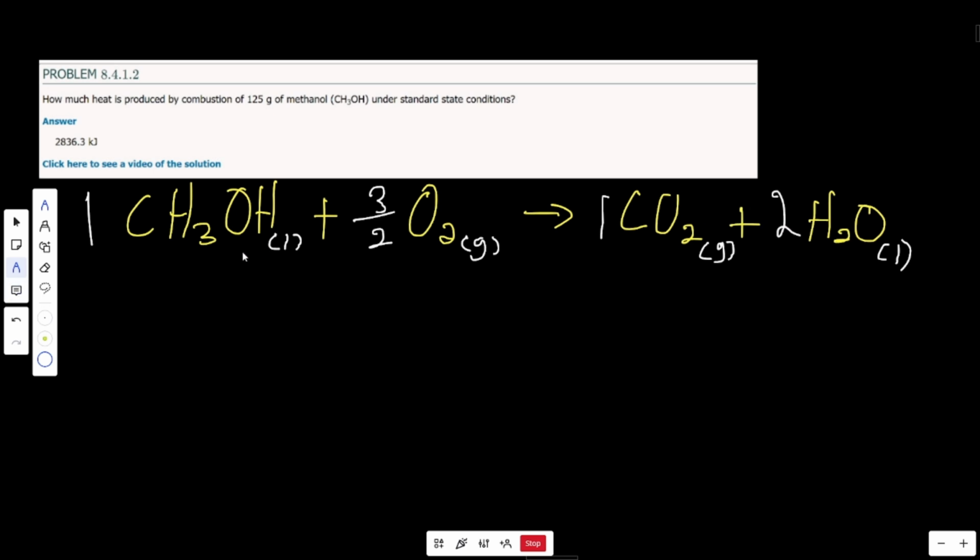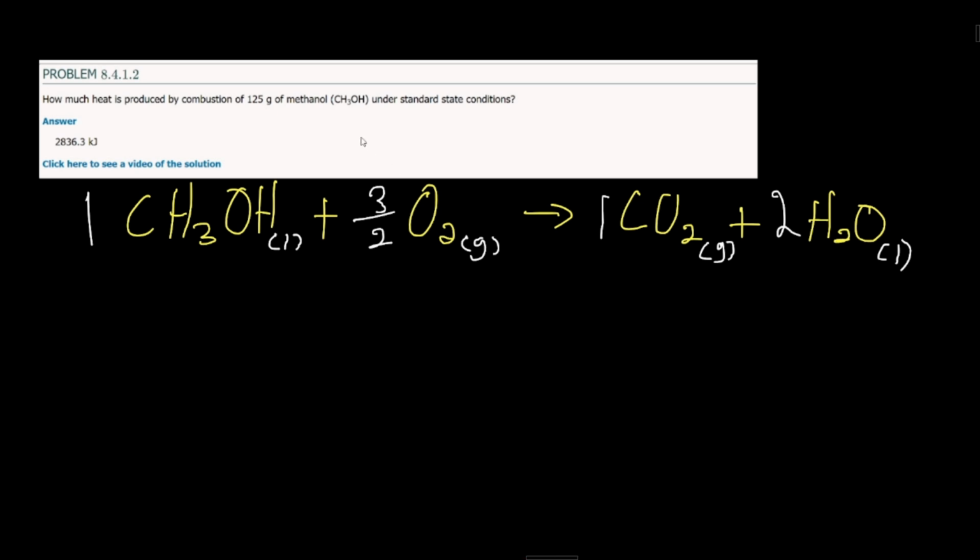So to reread the chemical equation, 1 mole of methanol reacts with 3 halves moles of oxygen gas to form 1 mole of carbon dioxide and 2 moles of liquid water. Now, how much heat is produced by the combustion of this reaction when there's 125 grams of methanol? Well, first, let's identify what the enthalpy of this reaction is in the first place.